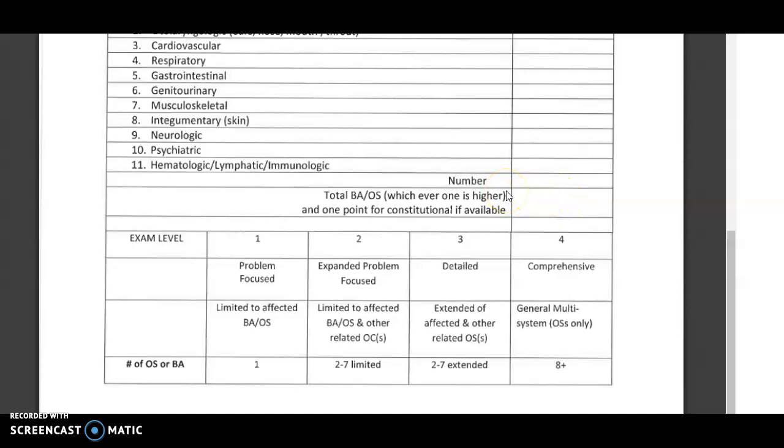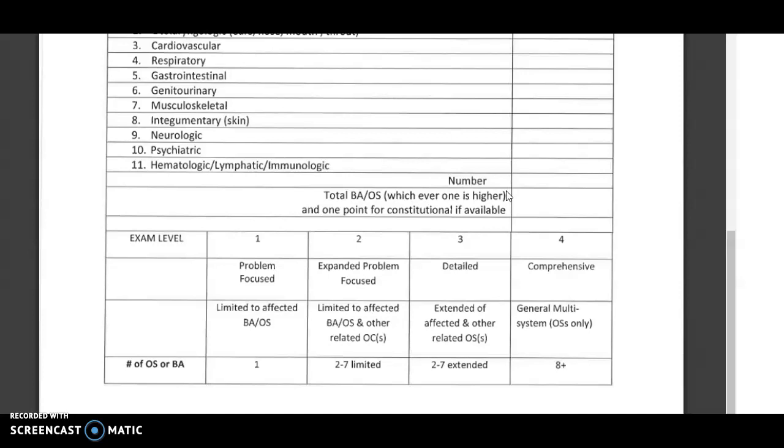In your book, in chapter 1, it does talk about the BAs and the OSs. The levels of examination include both body areas and organ systems, with the exception of the comprehensive exam. The comprehensive exam requires a minimum of 8 OSs without counting areas.